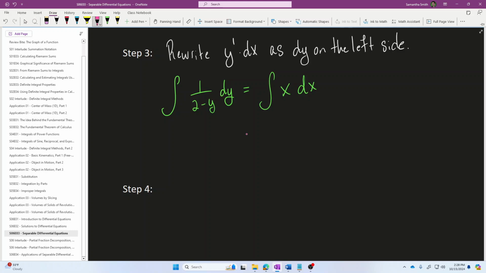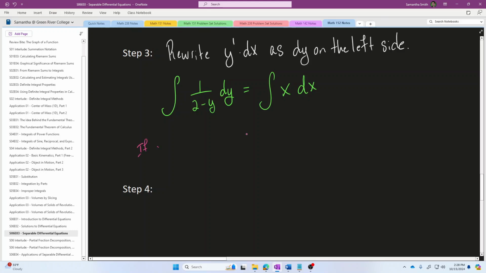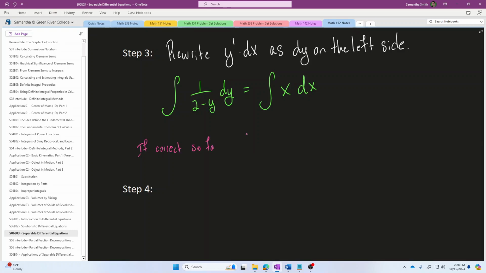If correct so far, the left integral should contain no x's, and the right integral should contain no y's.